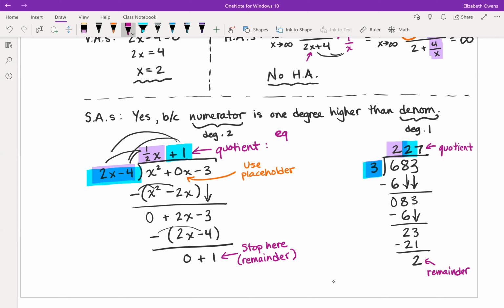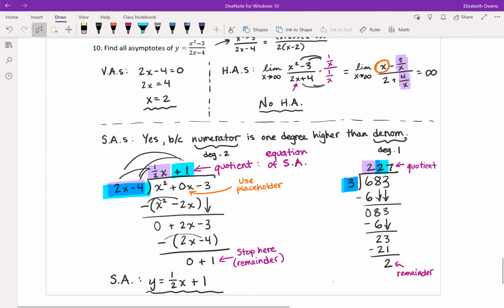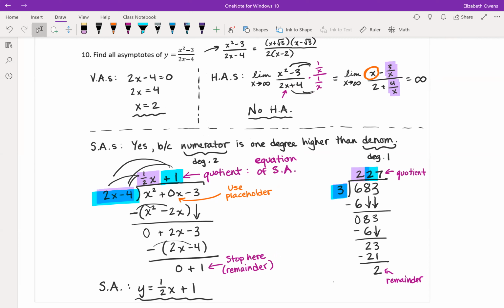It spits out automatically, which is really cool in my opinion. So our slant asymptote for this function is going to be y equals 1/2 x plus 1. And now we've got all the asymptotes for this function. One vertical asymptote and one slant asymptote. So there we go.